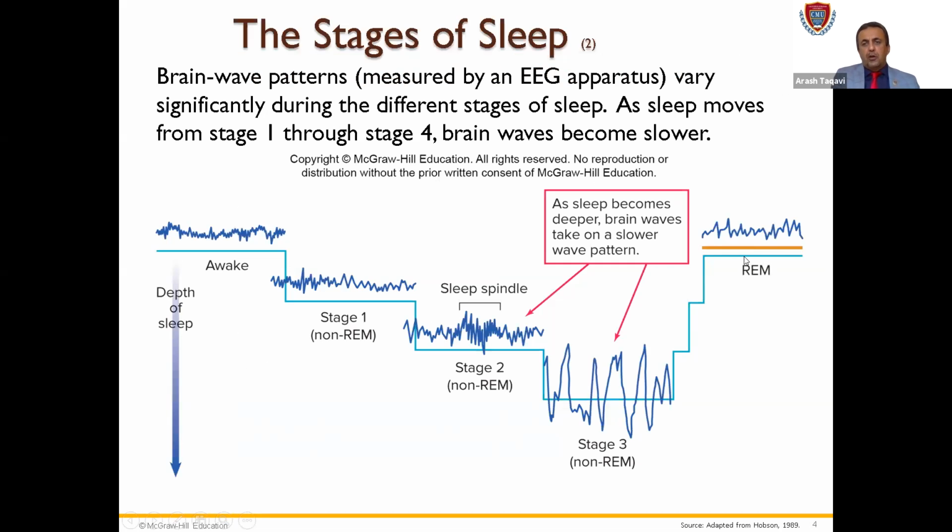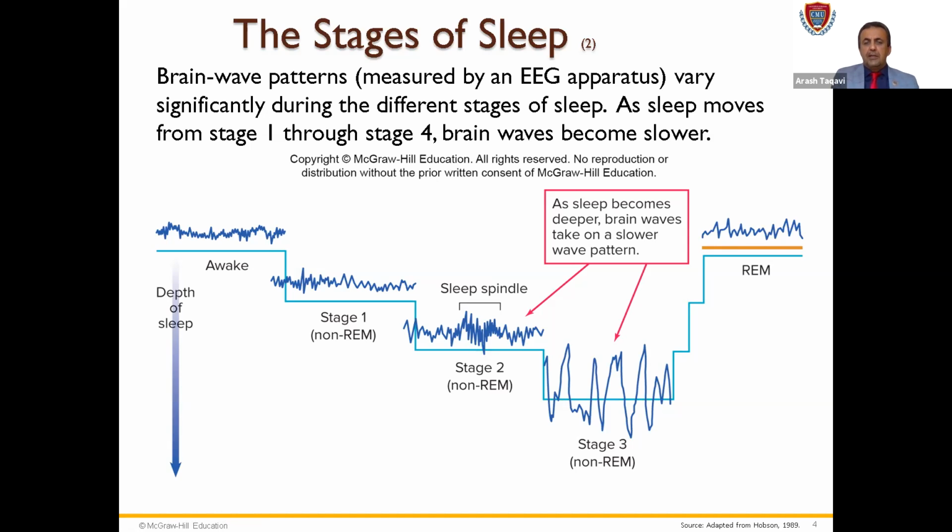But the final part, as you see, is rapid eye movement. If you are in stage 4 sleep and I look at your eyes, I can see the rapid movement of your eyes. So it is a very specific stage of sleep.